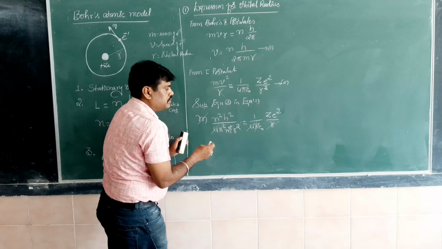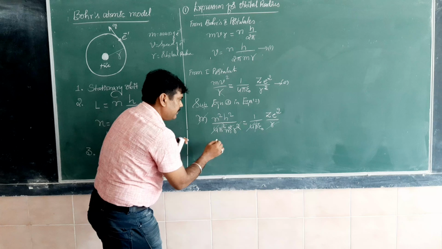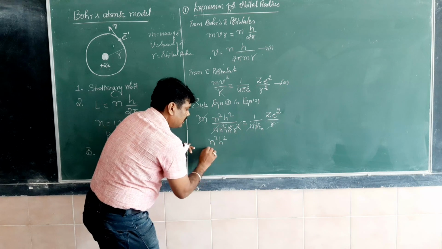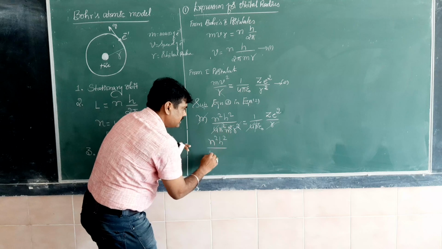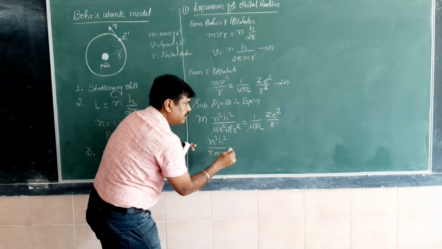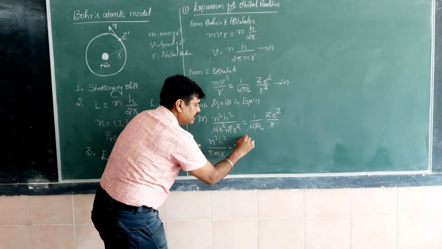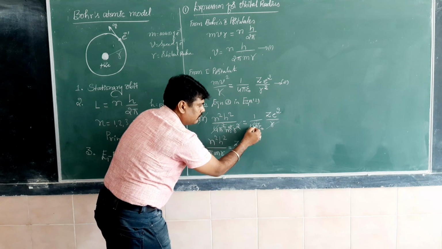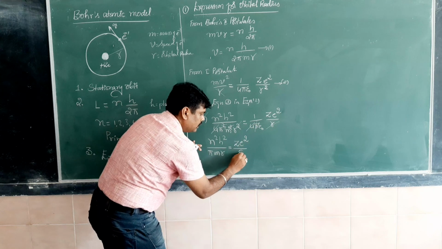So to avoid confusion, I want to write one more step here. Write as it is the remaining terms: n square h square divided by 4, gets cancelled, pi m one time, r one time, which is equal to Ze square divided by pi cancels, 4 cancels, epsilon is the only term.